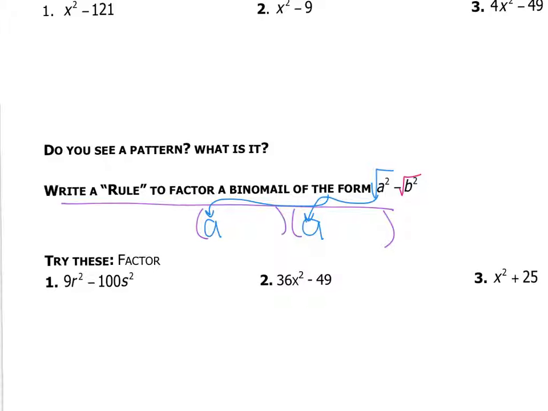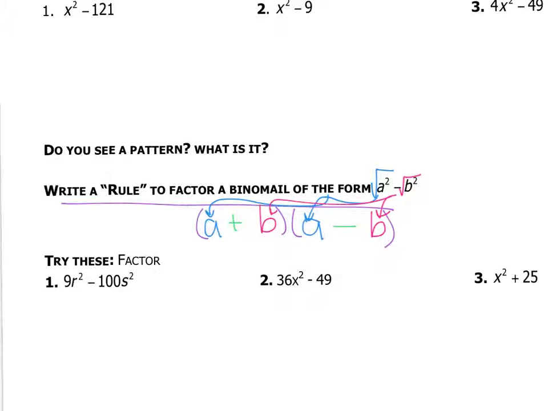And then I take the square root of the second term. So what's the square root of b squared? b. That goes in the second two spots. And then I put one plus and one minus. That's the general idea that we are going to work with here.